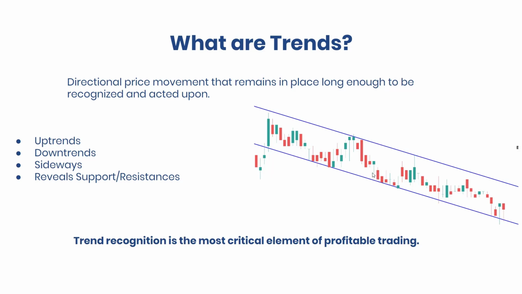So what you can do is say, yep, we are near an area of support. I'm going to enter a long position because I believe this support will hold, and I will exit at the top of my trend. Being able to recognize trends is the most critical aspect of profitable trading. Nothing else comes close to the importance of being able to recognize trends, act on trends, and recognize trend changes.